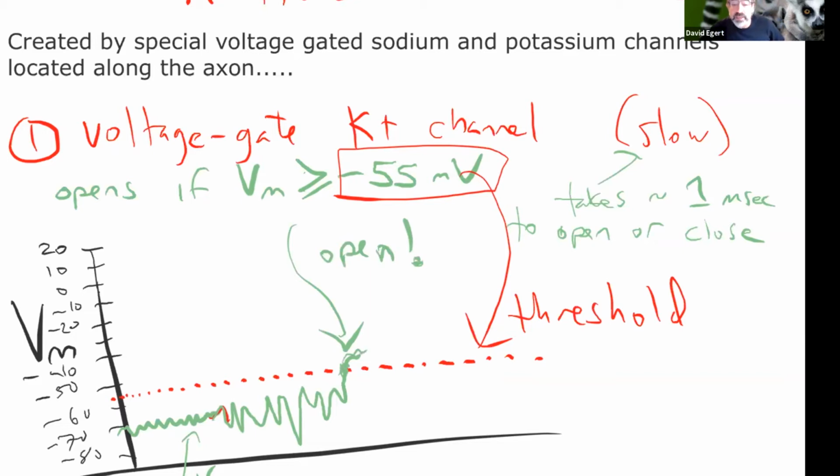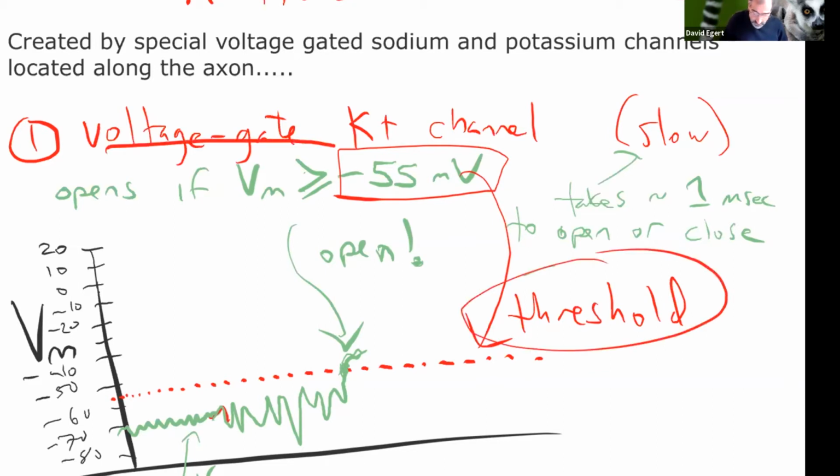They don't open immediately. I always think of them like in those old cartoons, "Which way did he go, George?" The voltage has gone over the threshold, it's over minus 55. These voltage-gated channels are like, oh, look, we've reached threshold, it's time to open up and let potassium cross.